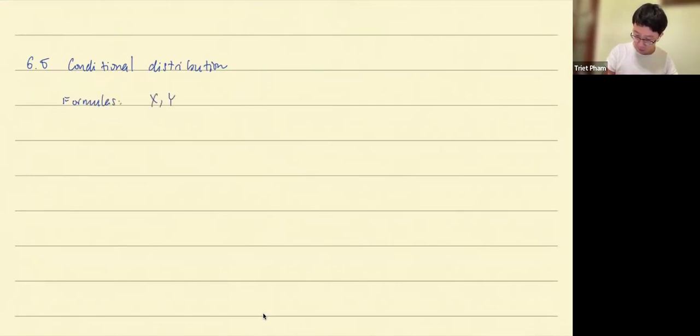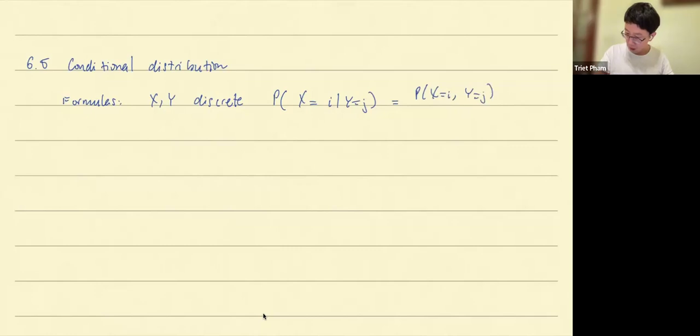So if you have two discrete random variables, then the probability that X equals i, conditioned on Y equals j, is the probability that X equals i and Y equals j, over the probability that Y equals j, right? So here you should think of this as j being fixed.